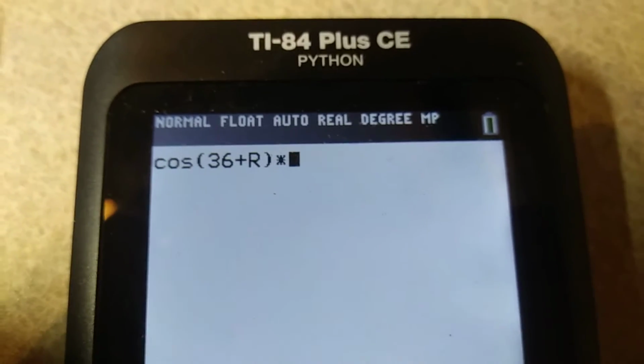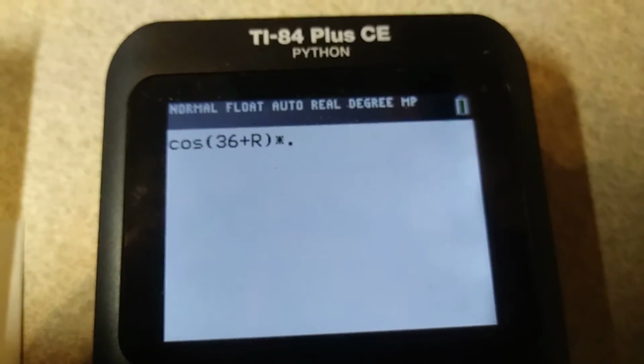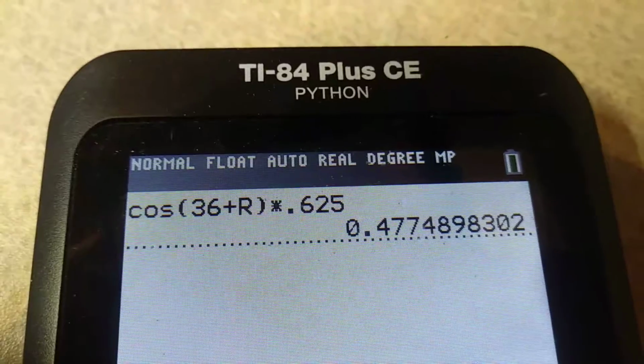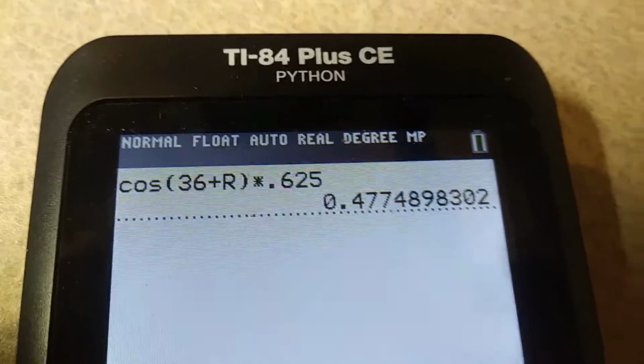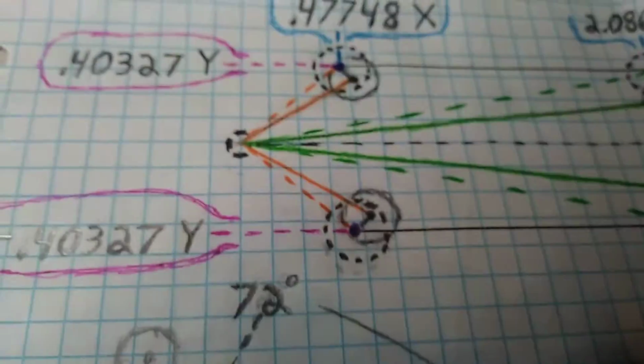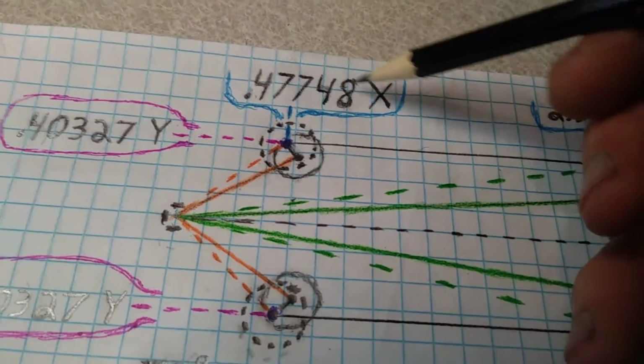Times that radius was 0.625. And that's our distance in X, 0.477 for this guy right here. Right there, you see I have the number.